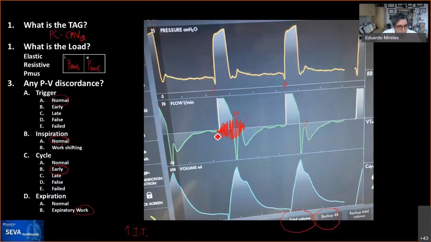So the trigger was normal. During inspiration there's not much work shifting, but you know there's work shifting because this patient is generating effort and hence work, because he's generating volume. So there's some mild degree of work shifting if you want to mention that. You read very well the cycle, and then expiratory work. Actually this is inspiratory work.